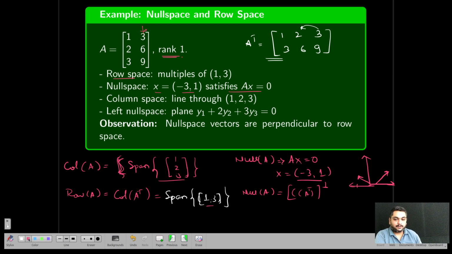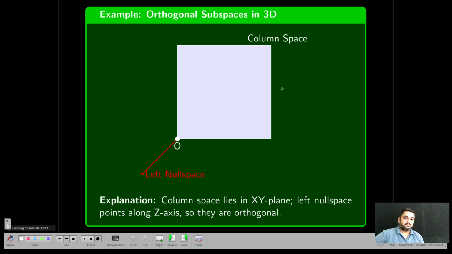You observe here, they're in the plane, okay? They're not in 1D, here it is 2D. So this is their orthogonal complement of each other, at 90 degrees. That is the meaning. Next. So here the example is given.